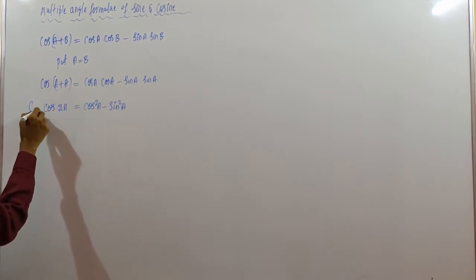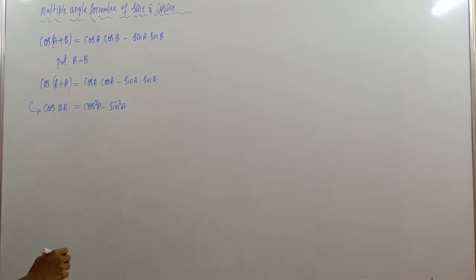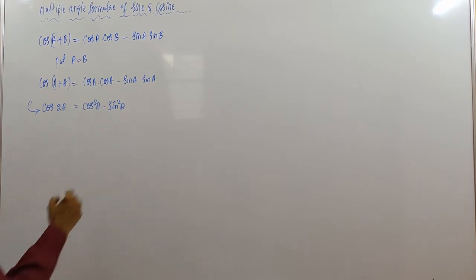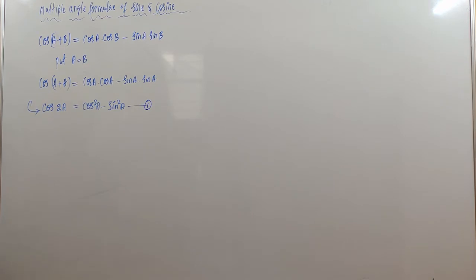So this is one of the formulas: cos 2A is equal to cos square A minus sin square A. Take it as equation 1.